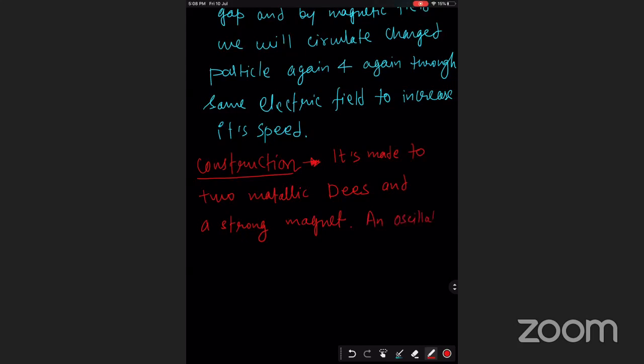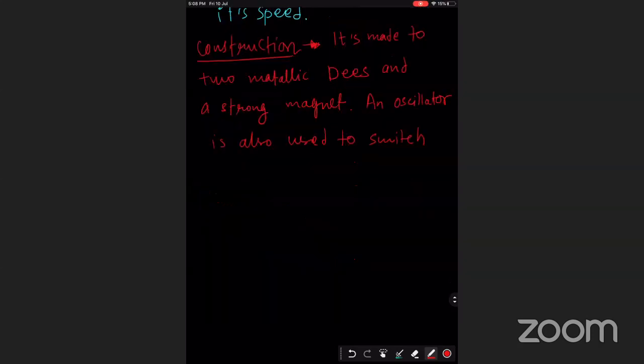An oscillator is also used to switch the direction of electric field as per requirement. Okay, completed writing.